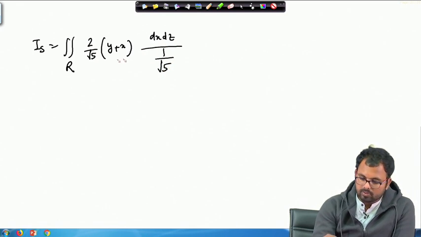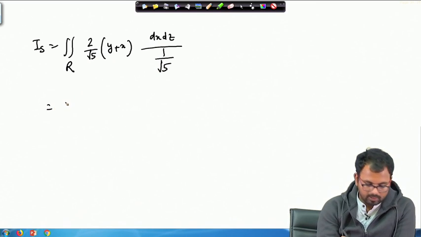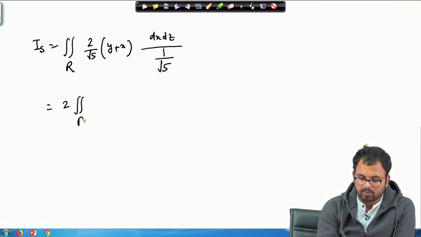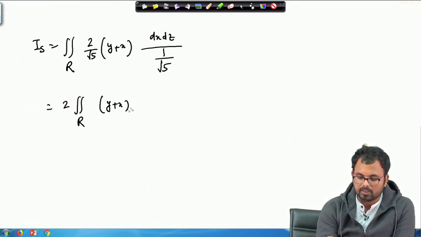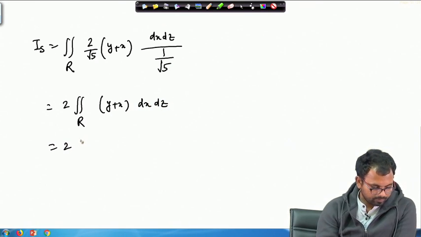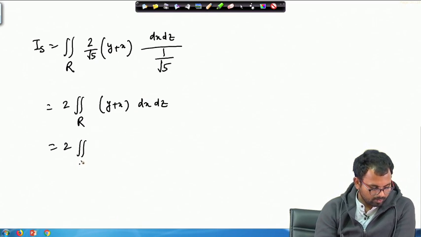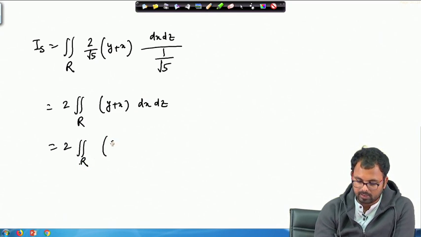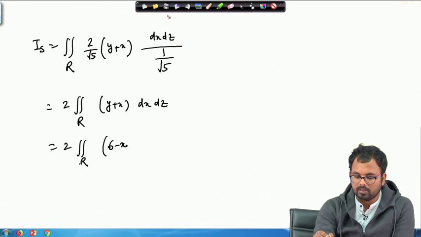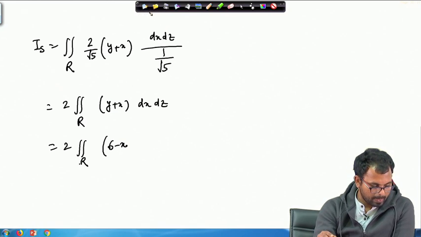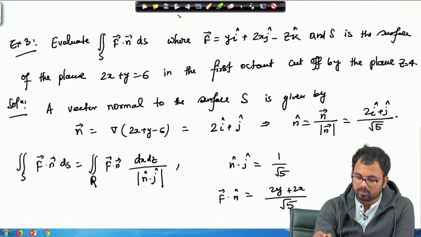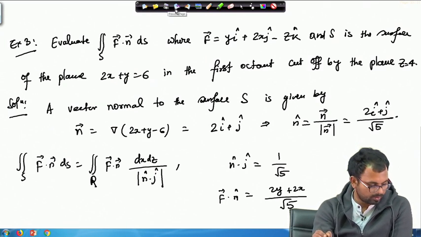So, square root of 5 will get cancelled, and this will become 1 by 2 times integral over the region R of y plus x dx dz. Now, over region R, y can be written as 6 minus 2x actually, since 2x plus y equals 6.